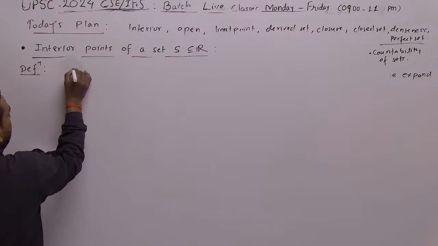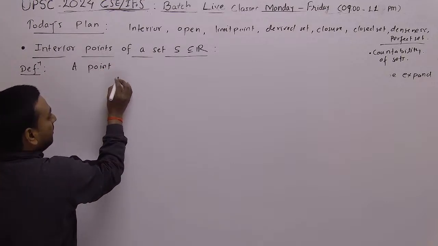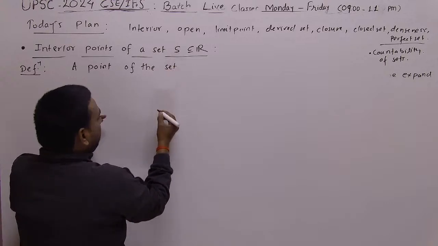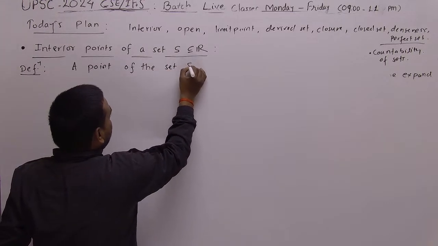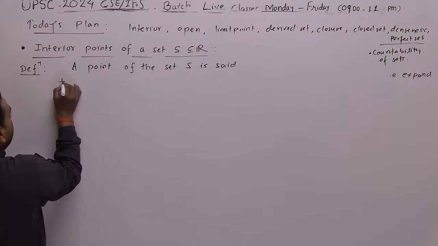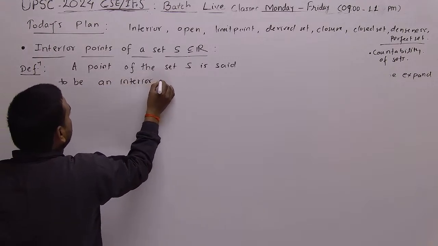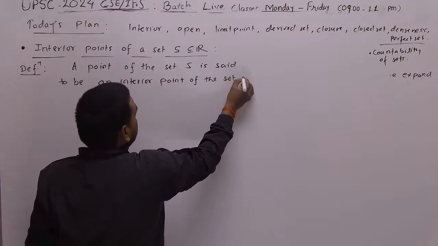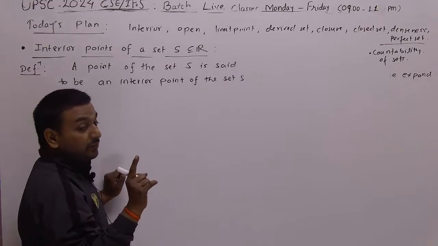Okay, लिखिएगा, a point, लिखें नहीं पहले देखिए, a point of the set S, point means member, okay, a point of the set S is said to be an interior point of the set S. A point, ध्यान से देखिए, एक भी वर्ड फालतू नहीं है.